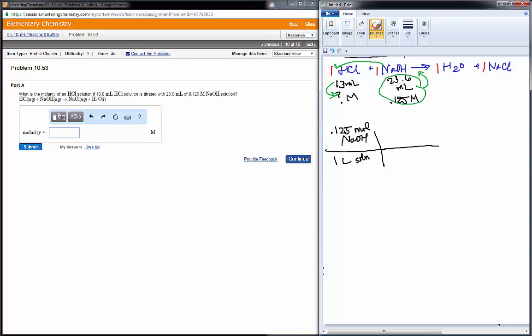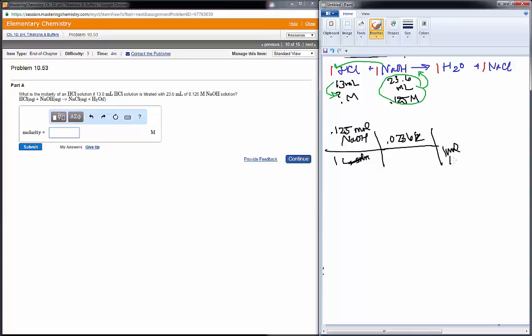That's what that capital M means. Multiplied by 0.0236 liters of that sodium hydroxide solution gives me moles of sodium hydroxide.